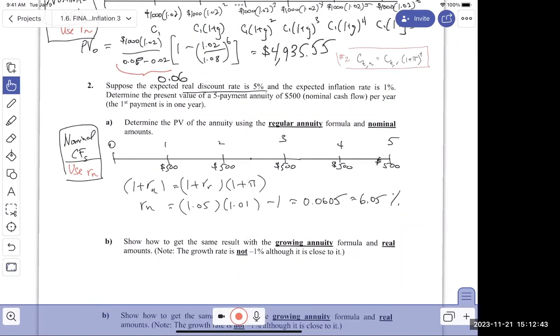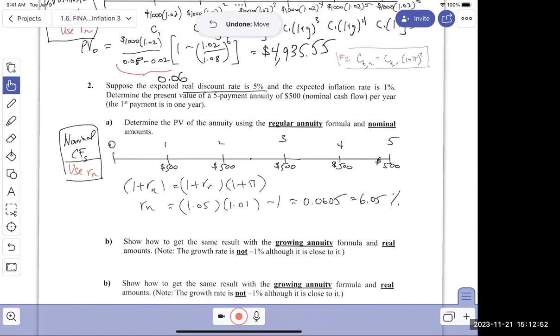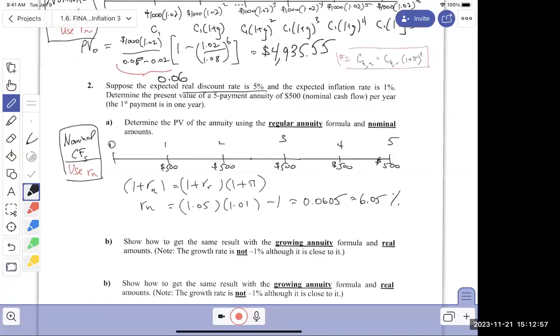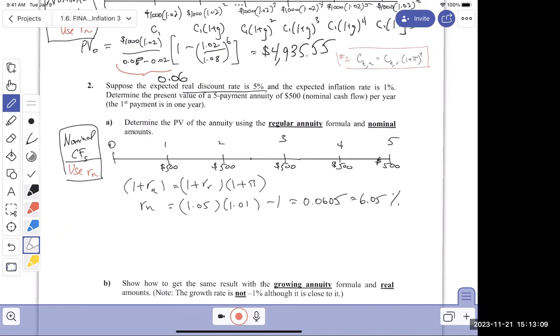Okay, so the regular annuity formula with 500 over the 0.0605.